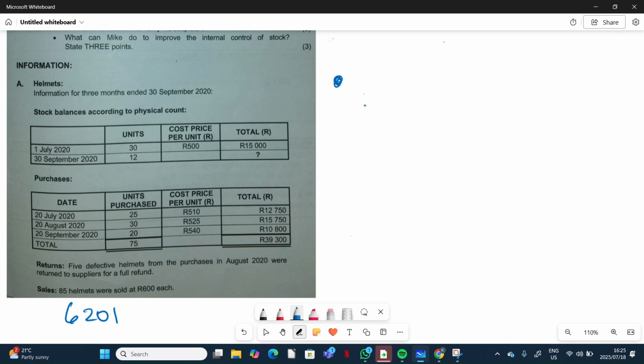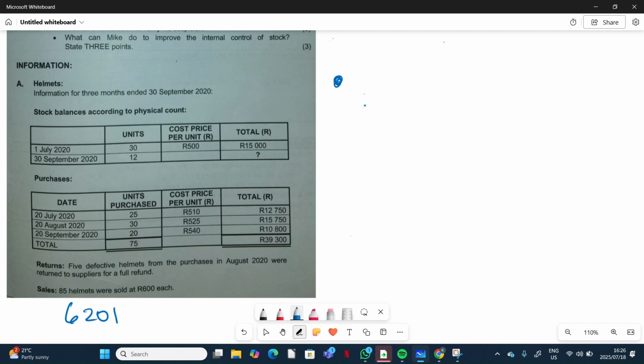Three, they can improve the security at the gates. Or they can inspect the items and check the sales slip. You see when you're leaving, they check the slip and the things that you bought. And they also have to do division of duties in the warehouse or in the business, so that not only one person is working in there.